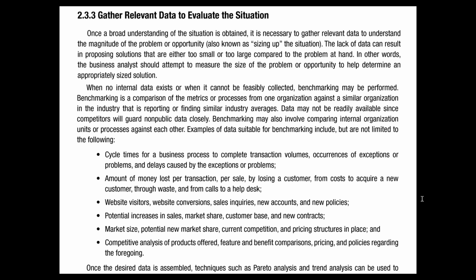Are you okay with that? Yes. Pareto analysis and trend analysis? Yes, sir. Yes. Yes, sir. Is it possible I can connect you on Viber or something?